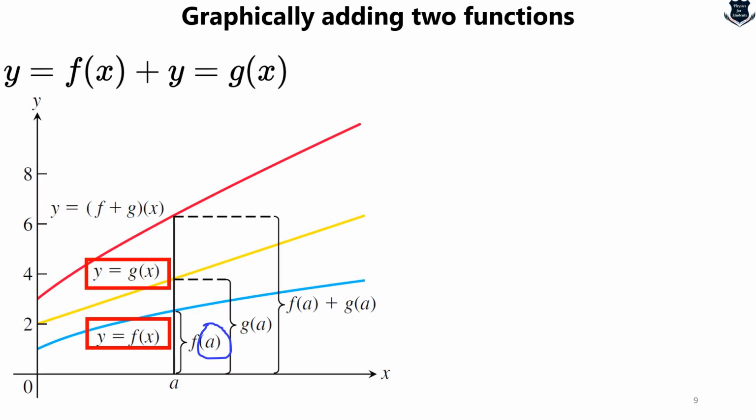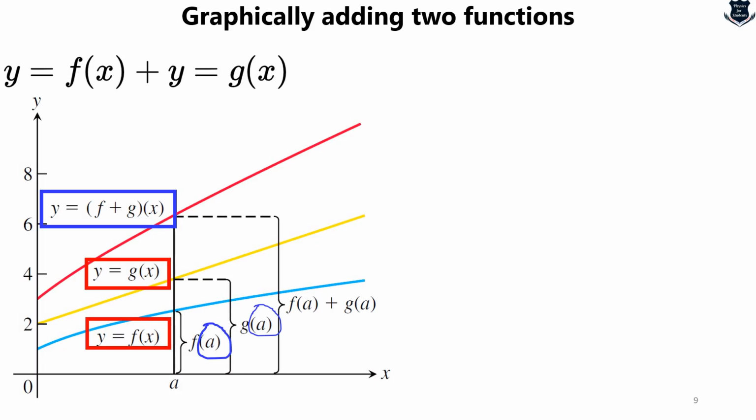Similarly, we find the y value corresponding to A on the graph of g of x, which I have just highlighted, this one. And this is shown by the vertical line segment from A to the point on the graph of g of x. And now finally, with this blue box, which I have just highlighted in this animation, we add the two values obtained in steps 2 and 3.